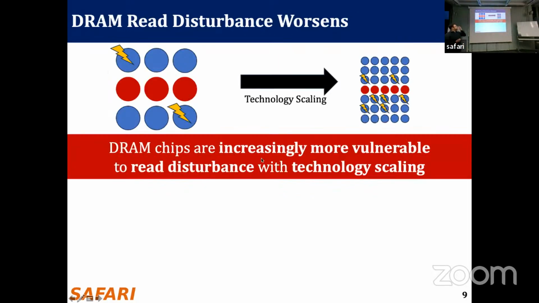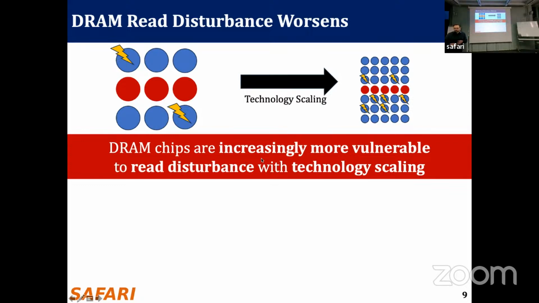Another aspect about DRAM read disturbance and RowHammer is technology scaling. As the technology node shrinks, the size of DRAM cells gets smaller, and DRAM cells also get closer to each other. Once we hammer some rows, we induce more disturbance nearby.